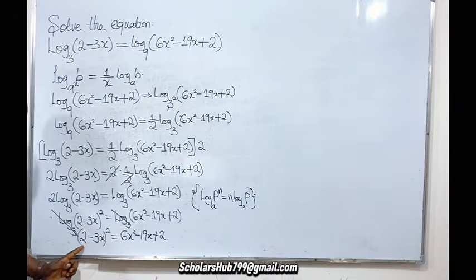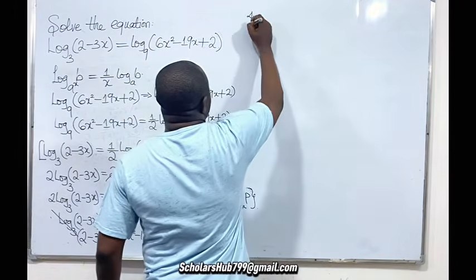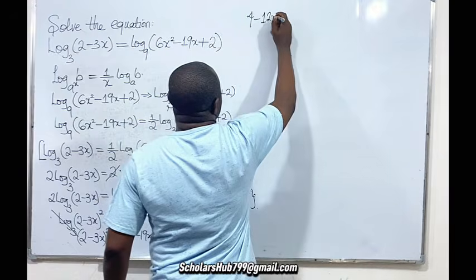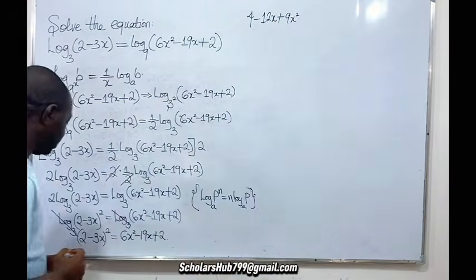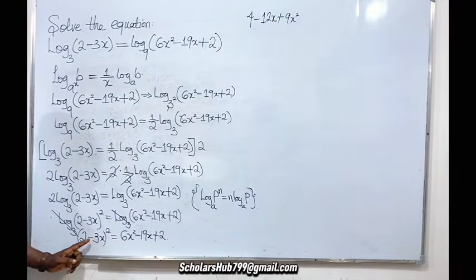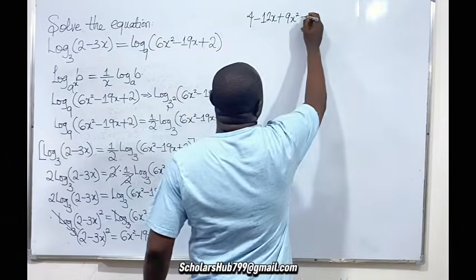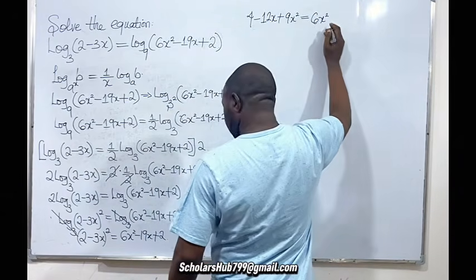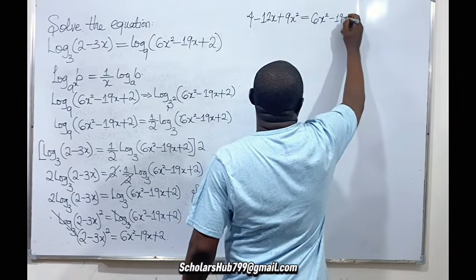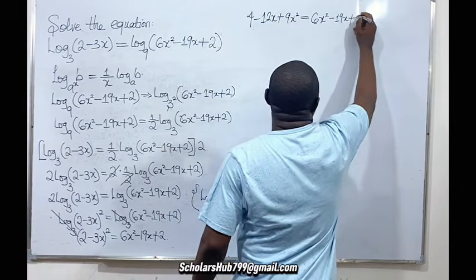Now I'm going to expand the left hand side, and this will be 4 − 12x + 9x². That is the expansion of the square of (2 − 3x). Then on the right hand side we have 6x² − 19x + 2.